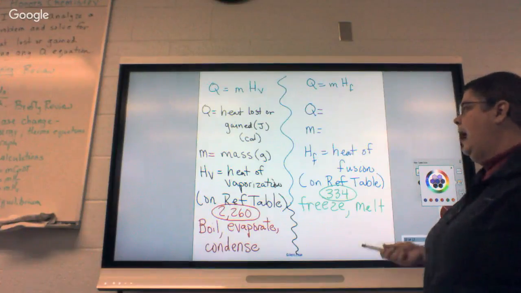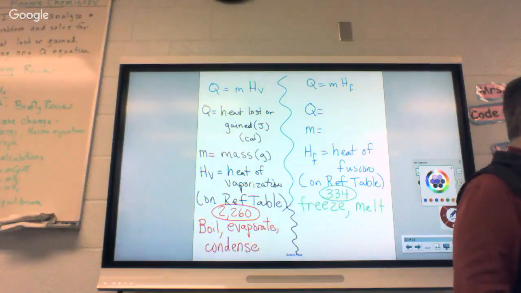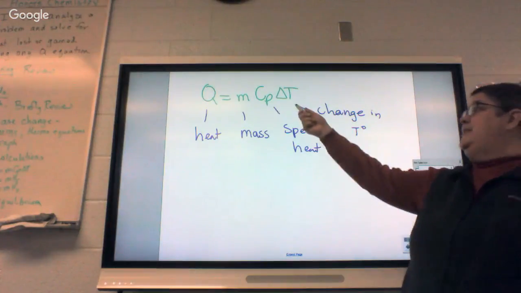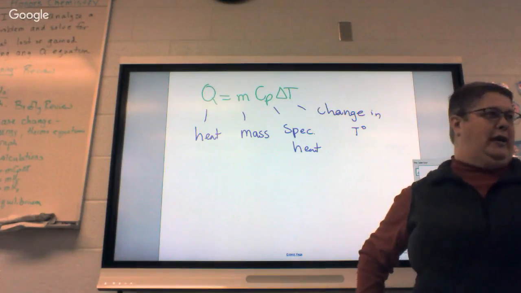These two have no change in temperature. Now, what if they say that the melting point is 0 degrees Celsius? It gave you a temperature. Are you going to plug in the temperature? No. Because is 0 degrees Celsius a change? No, they're just telling you what the temperature is.